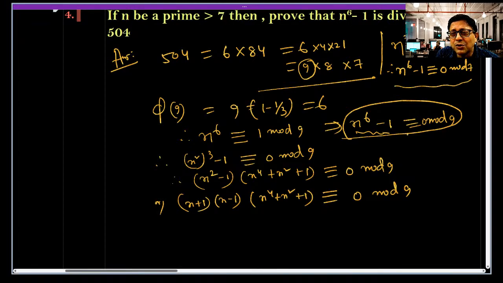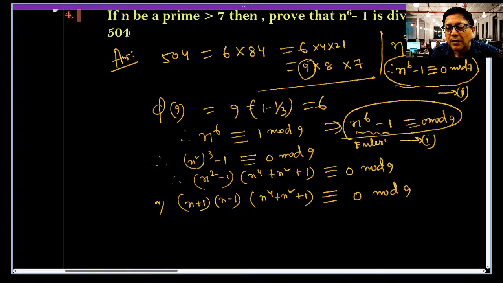So this one ensures that n to the power 6 minus 1 is divisible by 9 and divisible by 7. We have used Fermat's theorem there. We have used Euler's theorem here. This is by Euler's theorem. And this one by Fermat's theorem.